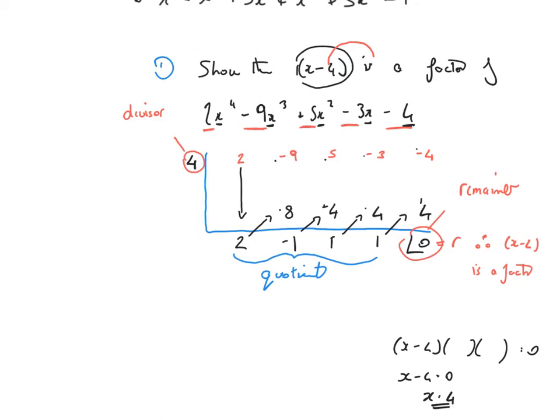Let's try an example 2. We're going to show that 2x minus 1 is a factor of 2x cubed plus x squared minus 5x plus 2.